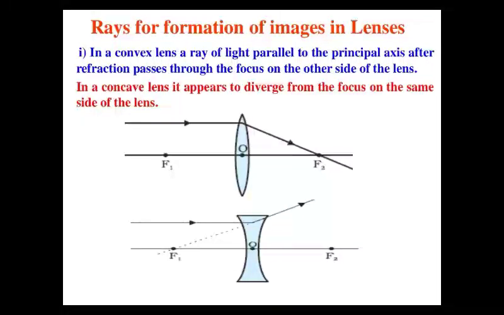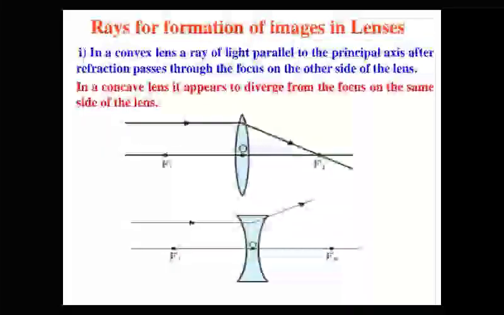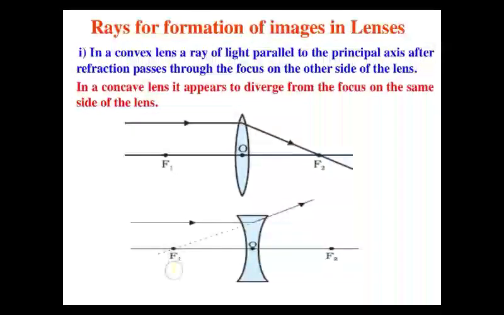We will discuss in the next few slides that the focal length of a convex lens is taken as positive. Now you can understand why we take the focal length of a convex lens as positive: the principal focus of the convex lens is situated on the right side of the lens, but in case of a concave lens it is situated on the left side. So the focal length of a convex lens we take positive, and in case of a concave lens we take negative.